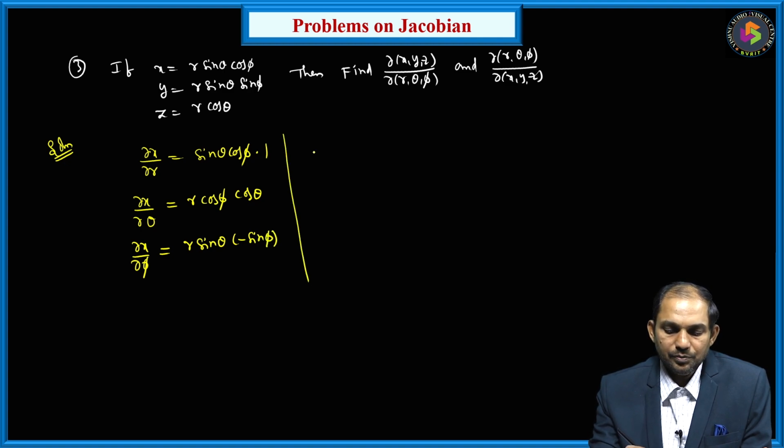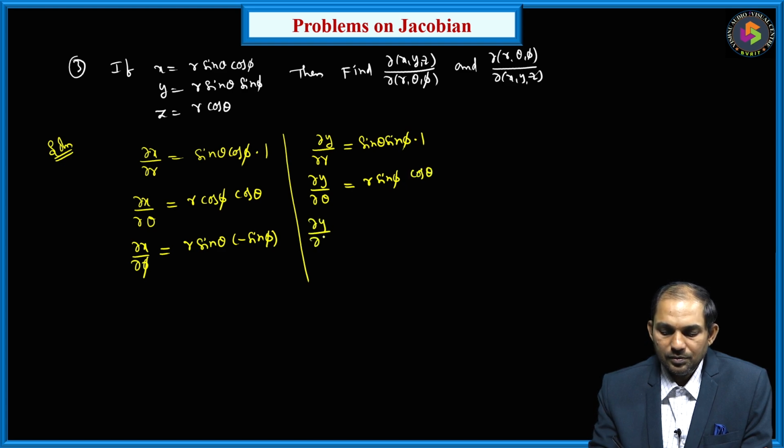After that, we compute the y derivatives. Dou y by dou r: sin theta and sin phi are constant, and the derivative of r with respect to r is 1. Dou y by dou theta: r and sin phi are constant, and the derivative of sin theta with respect to theta is cos theta. Similarly, dou y by dou phi: r and sin theta are constant, and the derivative of sin phi is cos phi.